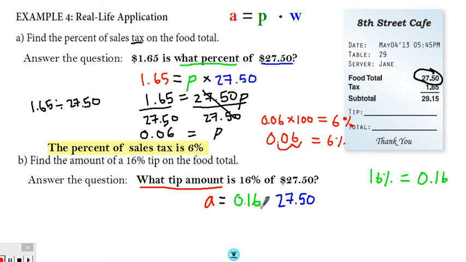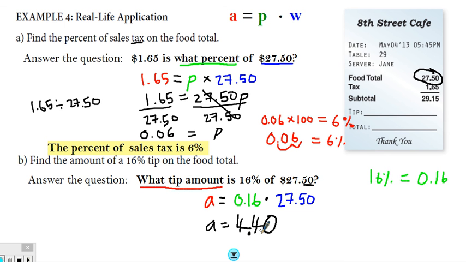Basically, if you do 0.16 times 27.50, your answer A will be 4.4, which is the same as 4.40. And I'm going to add a 0 because usually in money, you write it up to the hundredths place.